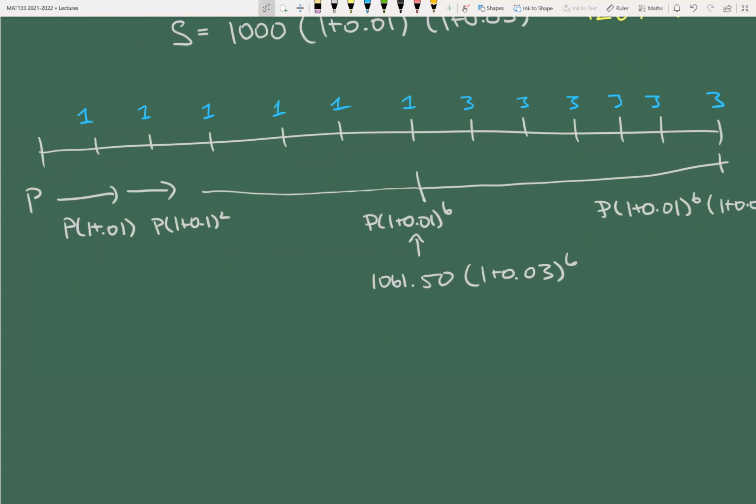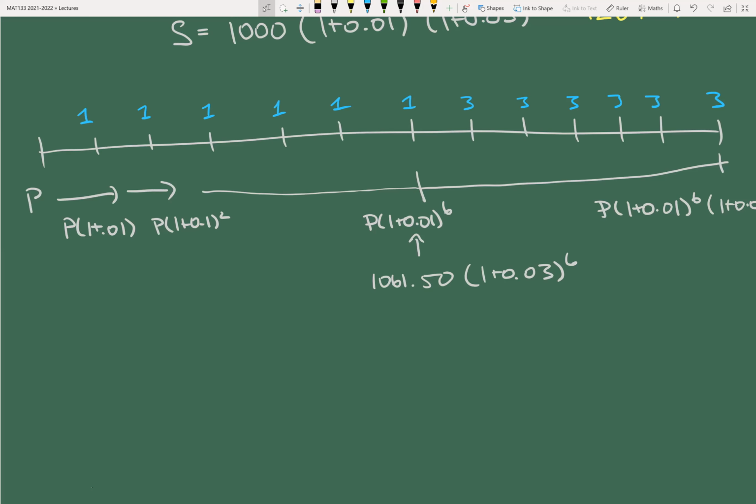Can we do S equals 1 plus 0.04 for account A? Why or why not? This is actually a really interesting question, Jasmine. Compounding at 4% is definitely more than compounding at either 1% or 3%. Just compute what S is there: 1,000 times 1.04 to the power of 12.